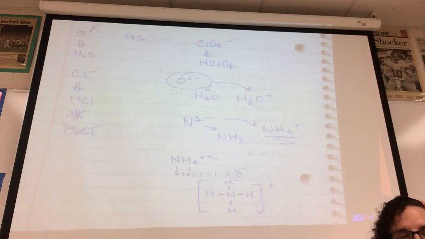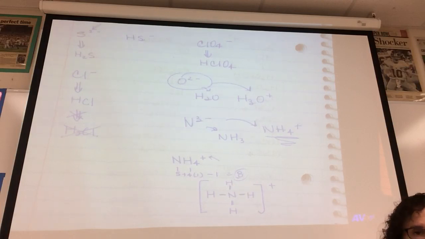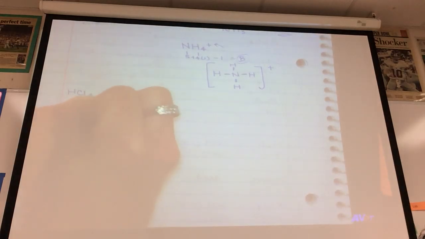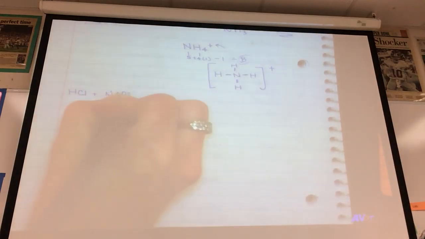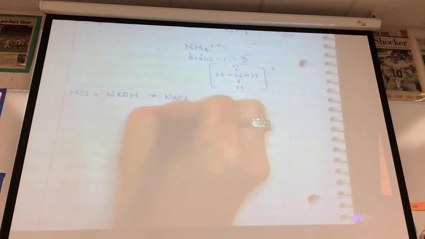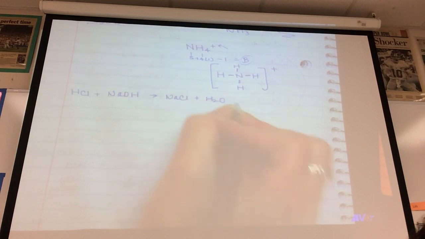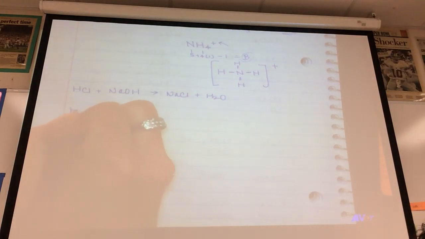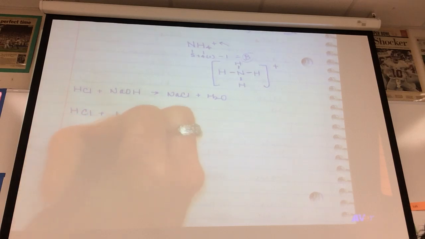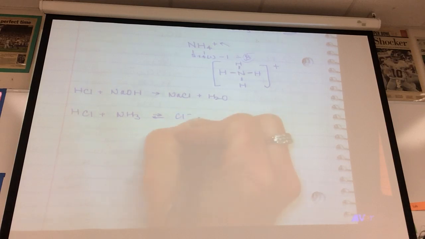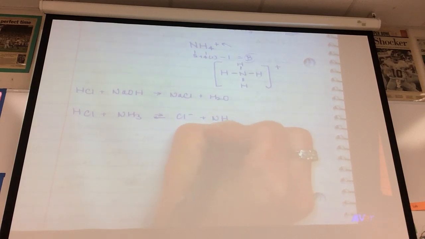When you react an Arrhenius acid with an Arrhenius base, you get a salt and water. When you have Bronsted-Lowry acids and bases, such as this, you generate conjugate acids and bases.